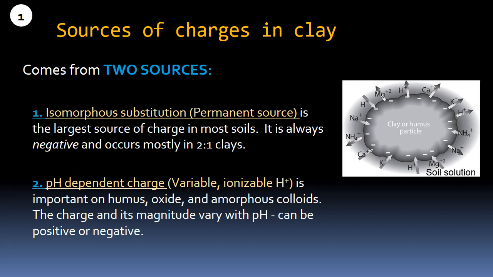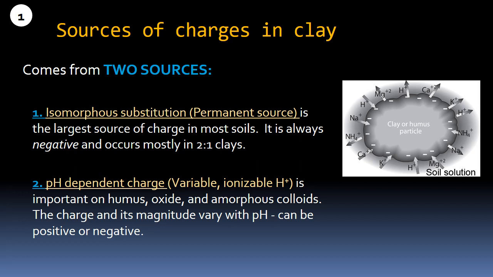When we talk about clays and colloids in general, there are basically two sources of charges. One of them is called isomorphous substitution, which is basically a permanent source, and the second type is called pH dependent charge, which means it's variable depending on the pH. Now, let's give more details on isomorphous substitution.